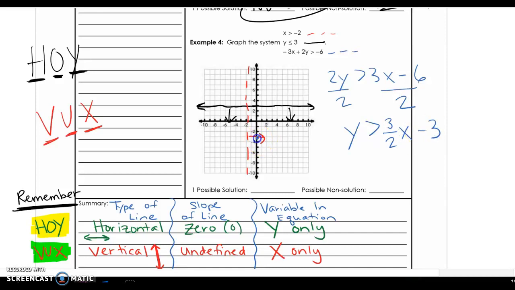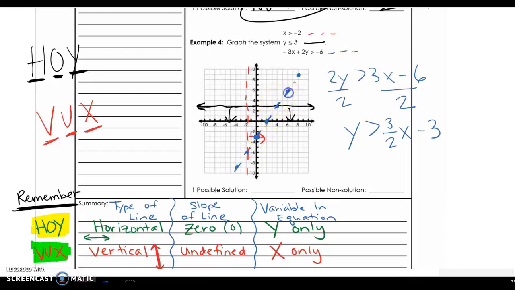So I'm going to start at -3, go up 3 over 2 for my slope. And I'm going to draw a dashed line.